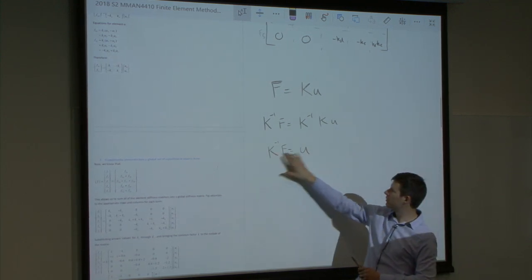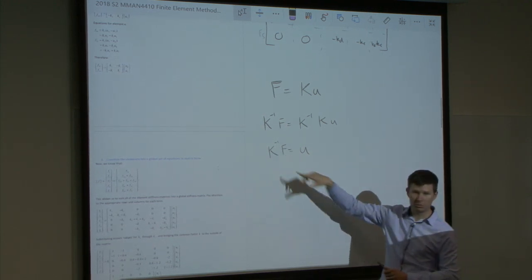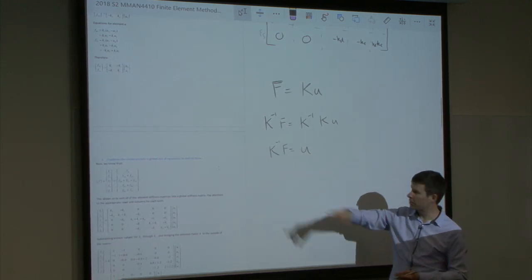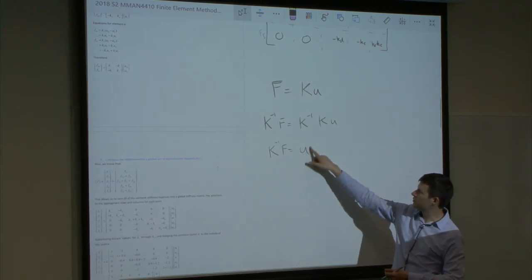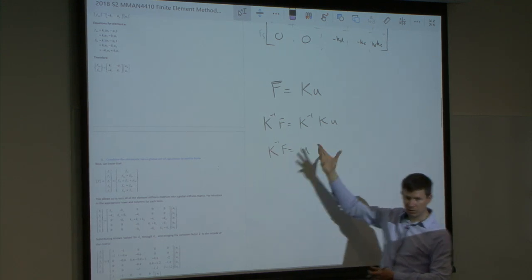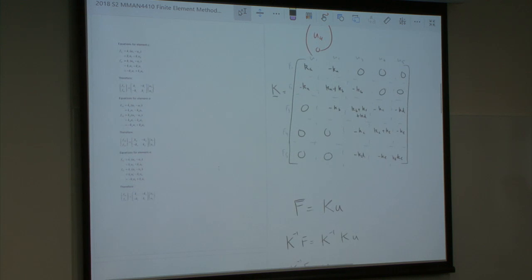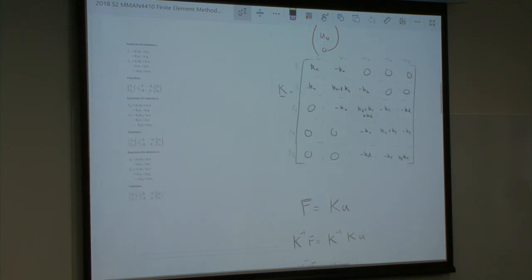And we find that the displacements U will be equal to the inverse of K times your forces, which are known. Right, so that's a known vector. This is our unknown, is how much the things displace. And our K is what we assembled using the assembled global matrix above. And then we can solve that for U and get our various displacements.